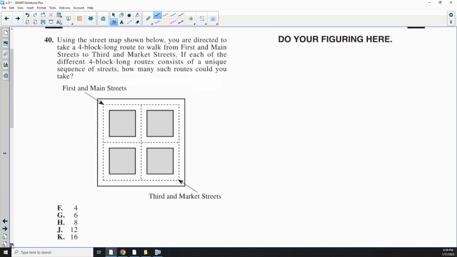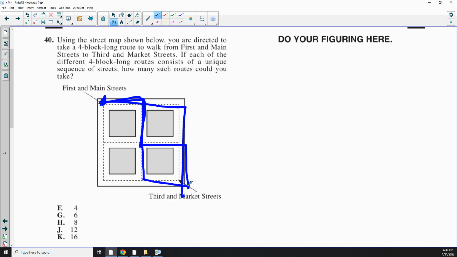This one killed my students, and it's just a simple counting of how many ways there are to get from here to here. Now, you can't circle back, so you can't like loop-de-loop. So ready? 1. Now I can't go that way anymore. 2. 3.